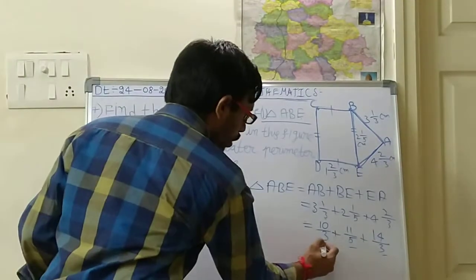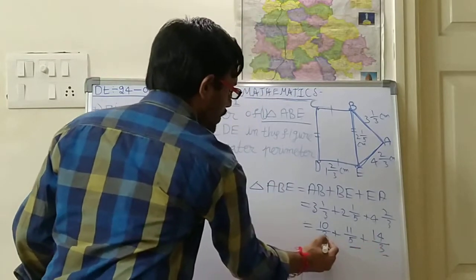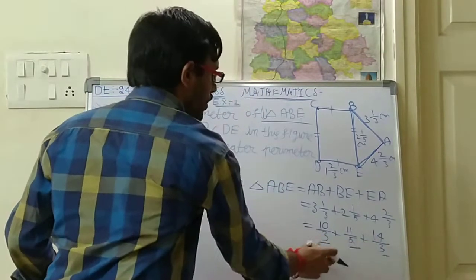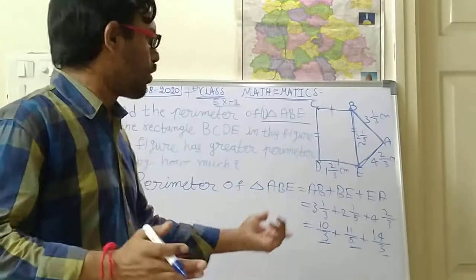So how can you change? You should find the LCM of these three numbers. So what is this number? 3, 3, 5. So 3 and 5 are there, and both are prime numbers.